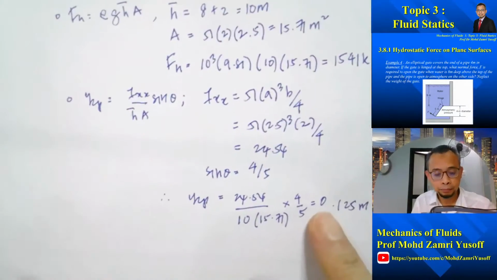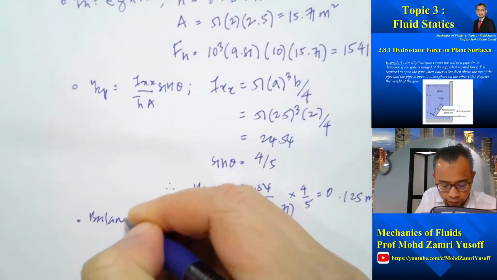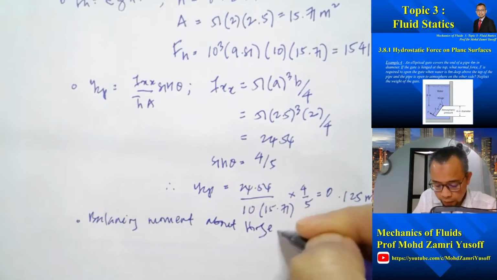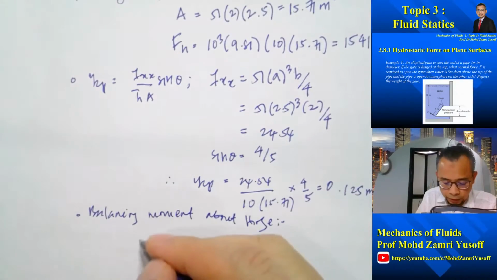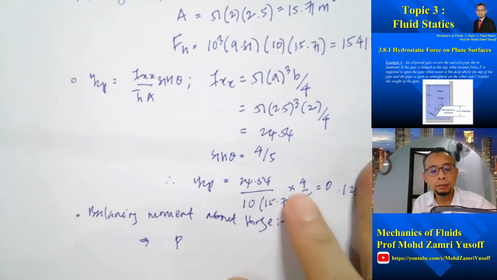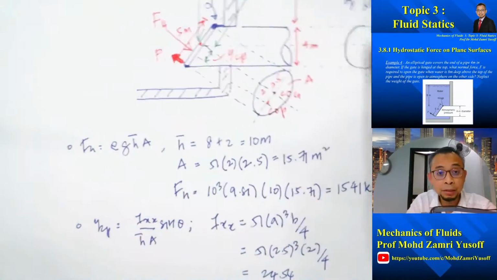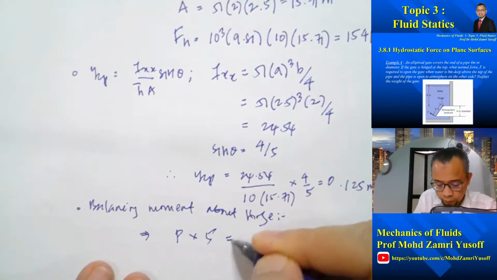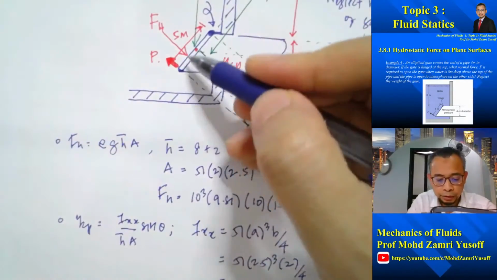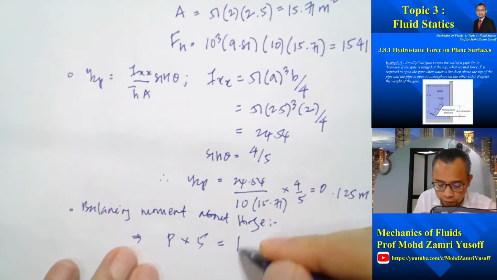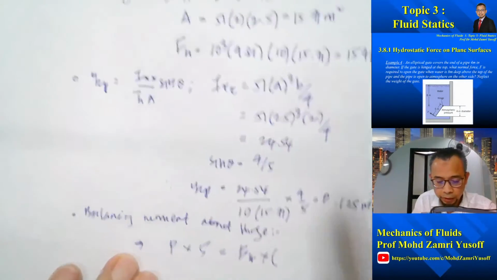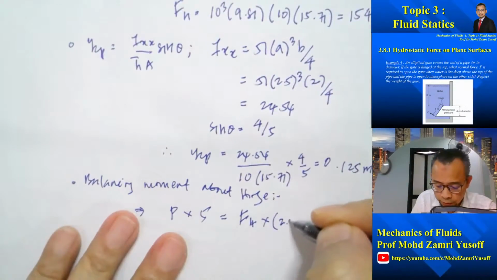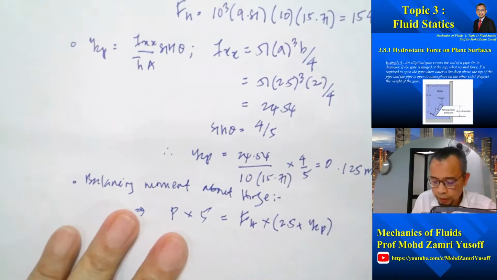So balancing moment about hinge, what we get is the moment created by this force P multiplied by 5, and this must be equal to the moment created by hydrostatic force Fh multiplied by that distance, 2.5 plus YCP.